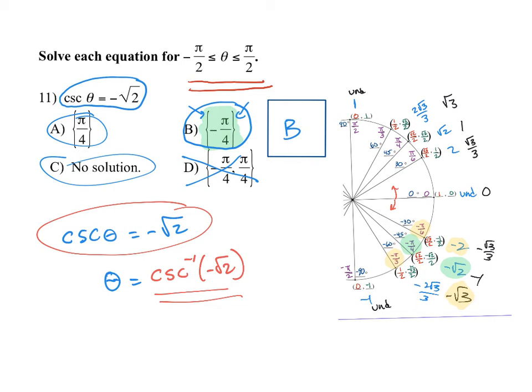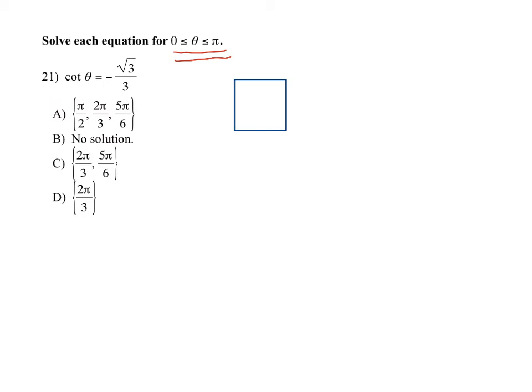Okay, let's do one more example, and I'll show you one that uses the top part of the chart. In this problem, again, the instructions say to solve the equation, and we're going to find theta between 0 and pi, which is good. That's the top part of our chart that we've been talking about. We are supposed to solve cotangent of theta equals negative square root of 3 over 3.